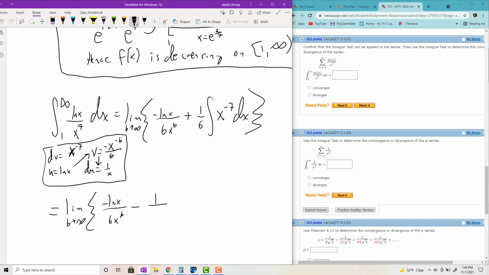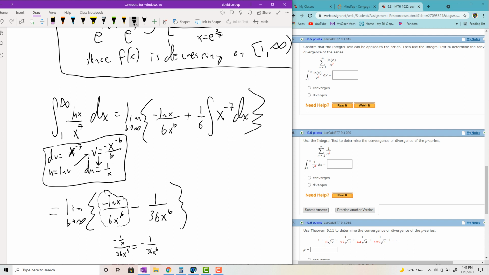So dividing by the new exponent, you get a 36x to the 6, I believe. And then the limit as b goes to infinity. This thing, technically, I got to do L'Hopital's on it, right? So it would end up being negative 1 over x all over 36x to the 5th. Then that would be negative 1 all over 36x to the 6th.